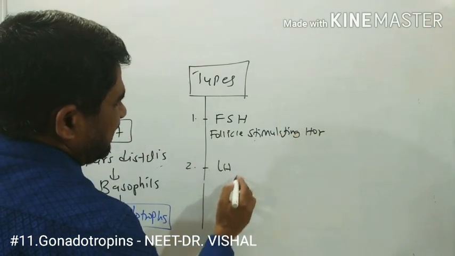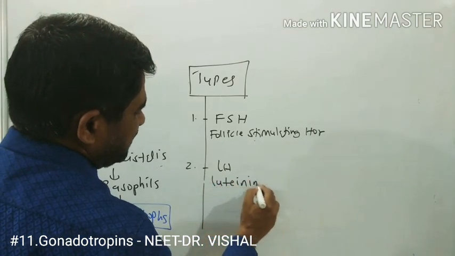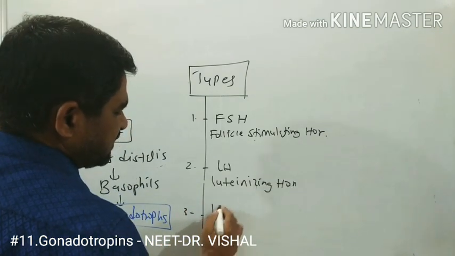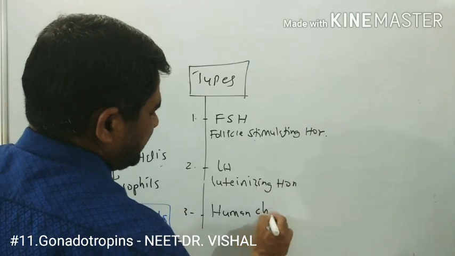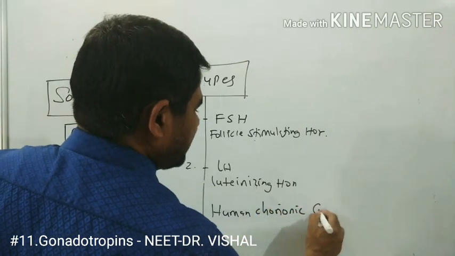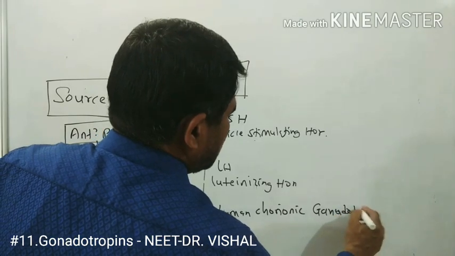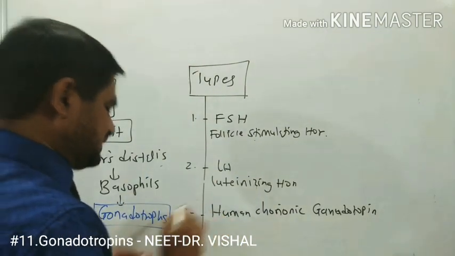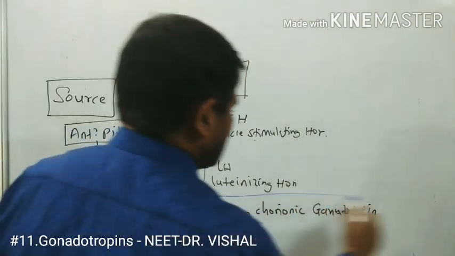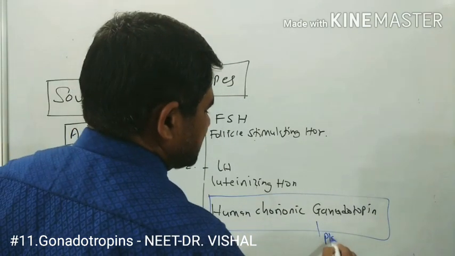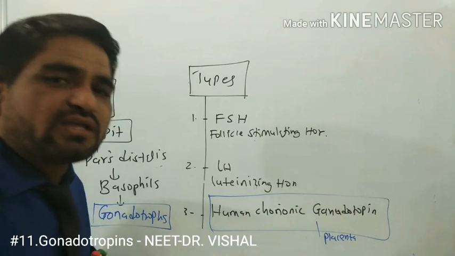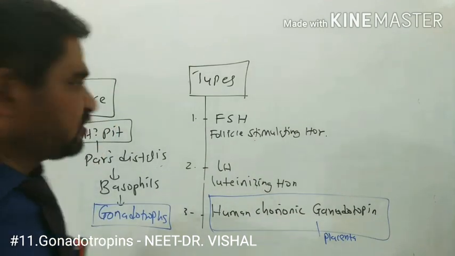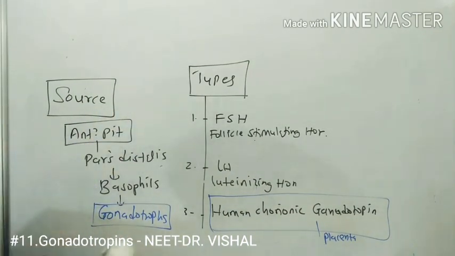The second is called LH, luteinizing hormone, and the last is called human chorionic gonadotropin. This last type is actually produced from the placenta, so we don't discuss it in today's topic. We are going to focus only on FSH and LH. These are the types of gonadotropins, and this is the source of secretion.